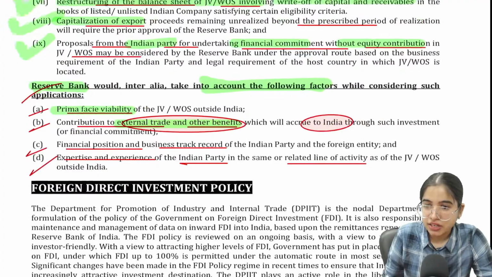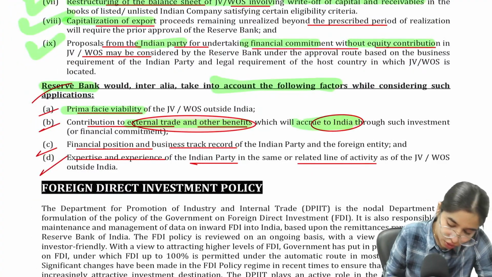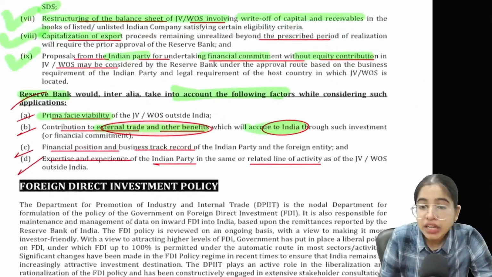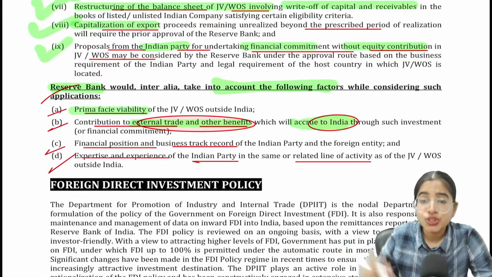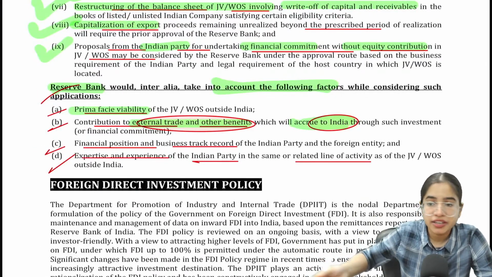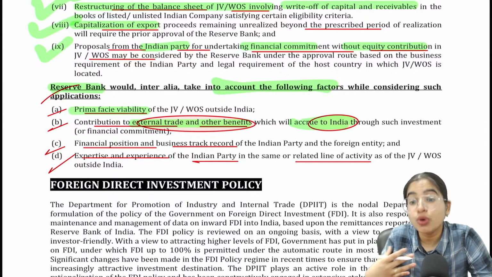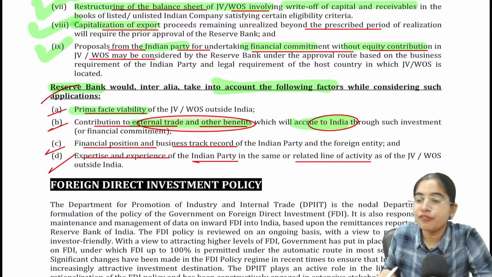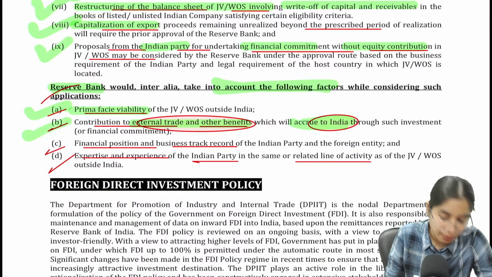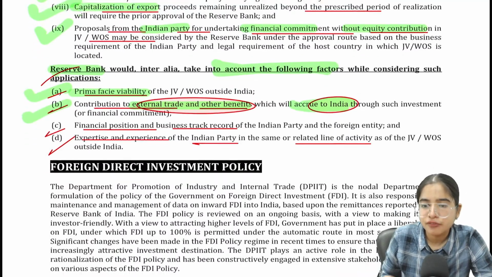Second, the contribution to external trade which will accrue to India as benefits, which means that you are making export and investing outside India, it should bring some benefit at the country level. So RBI will check whether it is accruing benefits to India or not.